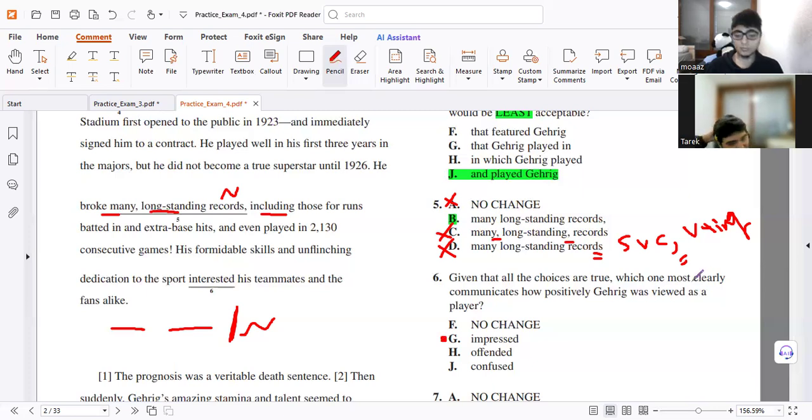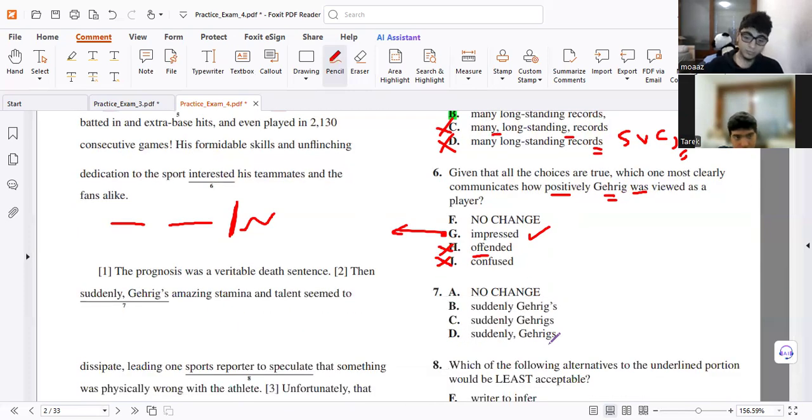But wait, we need something to say how he reacts, communicates how positive he was. So we need a positive word: negative word, offended; negative word, interested; positive, impressed; positive. I think impressed is more positive. Interested is more neutral. So he was impressed, describing the person. So impressed is the correct reaction. Now it keeps the rest.